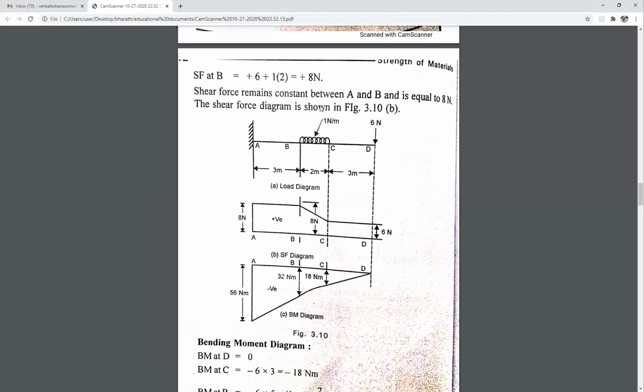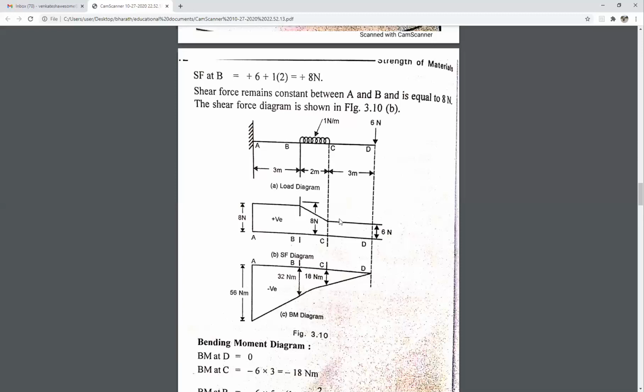While coming to the SFD, we need to construct a baseline. From the baseline, at point D, we have 6 N, represented vertically.